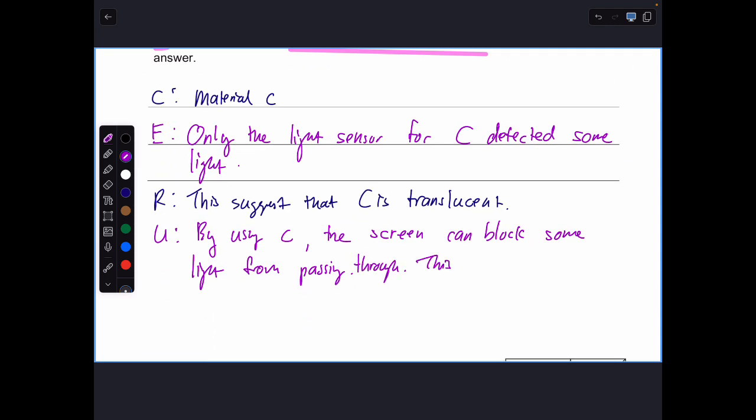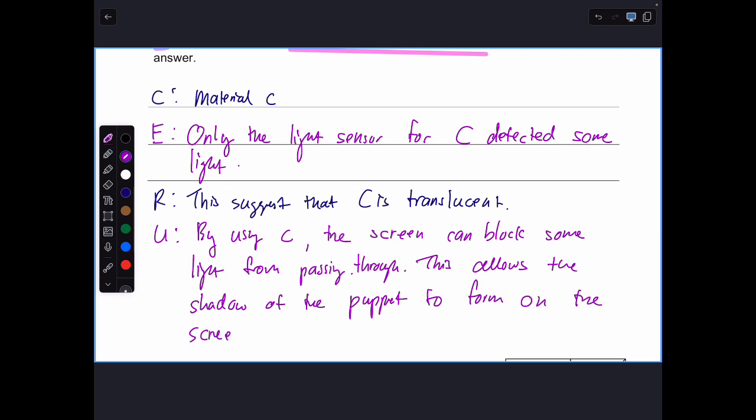This allows the shadow of the puppet to form on the screen. Okay, allowing the sun to see the shadow.